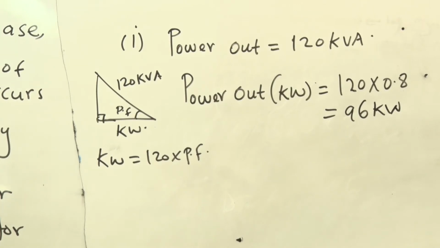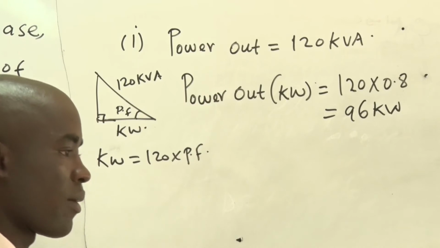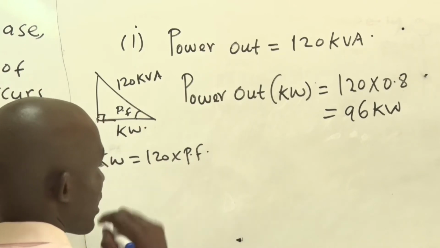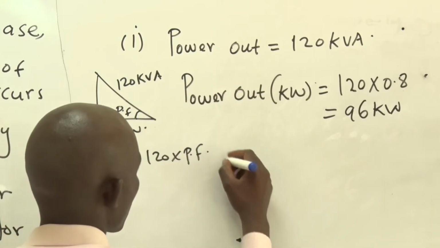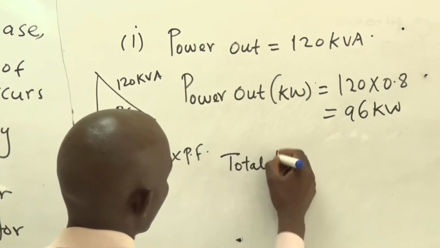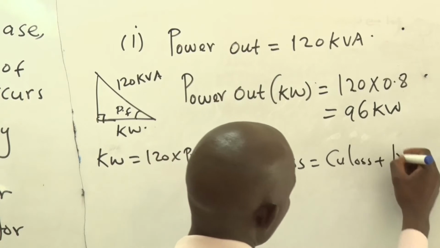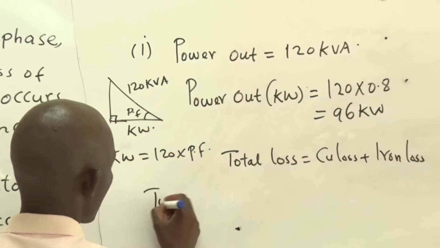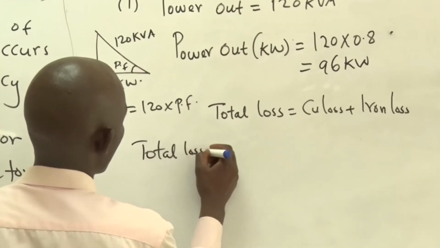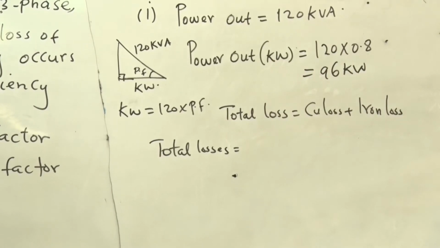After we have gotten that, we now want to look at the total losses of that machine. Remember, this is the output power, but we need to get the input power. So we need to get the total losses. We add the output for us to get the input. So total losses will be equal to copper loss plus iron loss. Our copper loss is what we have determined here.